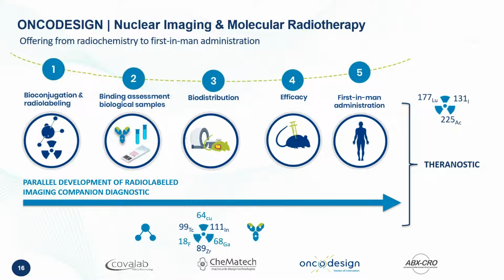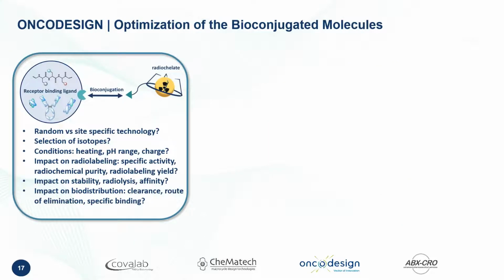And I will go through the different steps. For the optimization of bioconjugated compounds, Frederic has already mentioned a couple of important parameters. You have to define if you want to use a random versus a site-specific technology, which isotope you want to use, and the conditions of the bioconjugation. It also depends on your vectors.